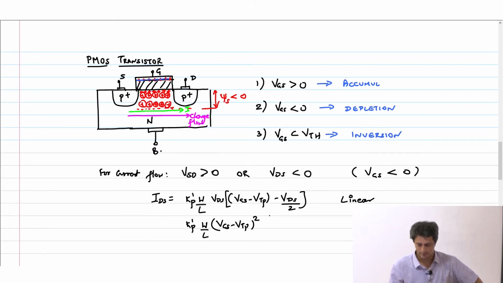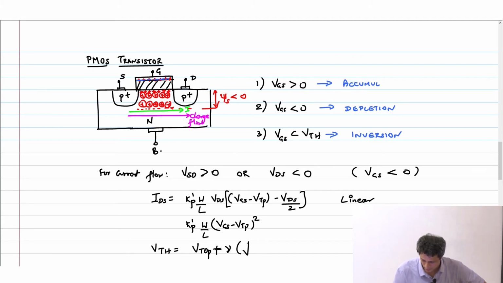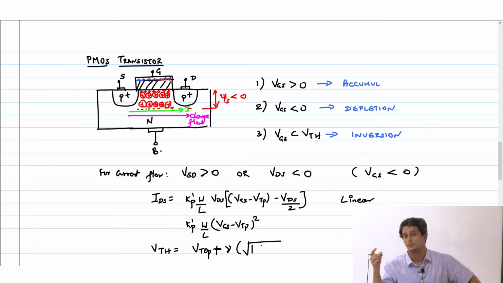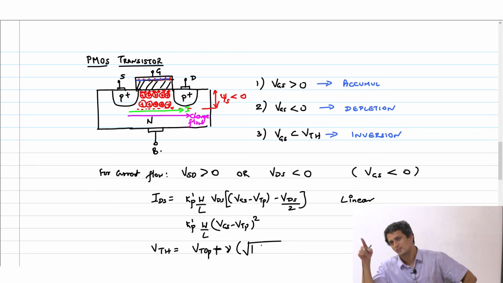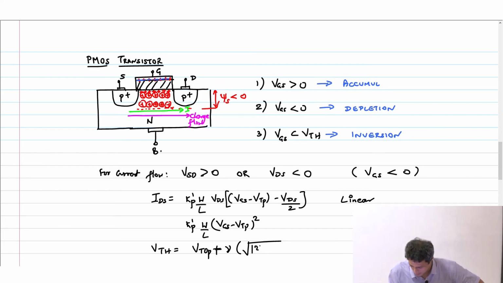Similarly, the equation for threshold voltage will also not change, it will just be VT naught P plus gamma times root of mod of psi s plus VSB, minus root of mod psi s. This is where the mod is important, because psi s becomes negative.